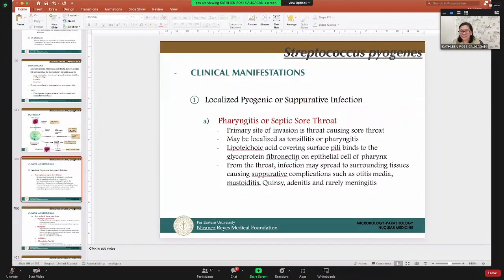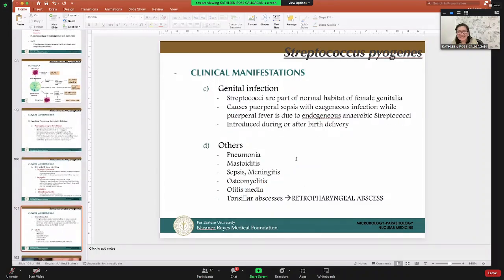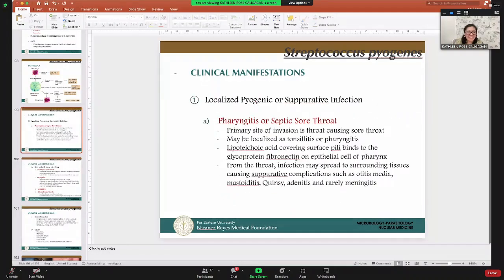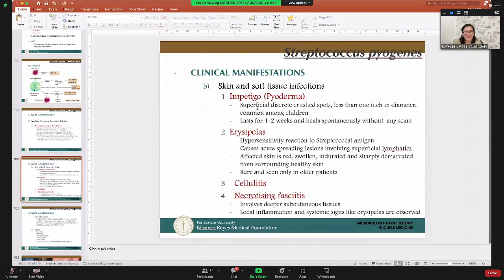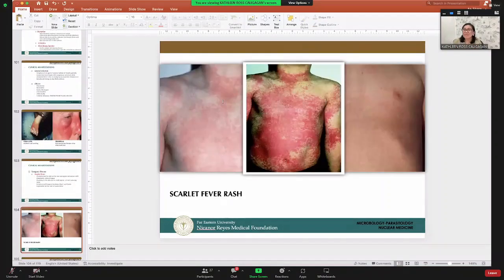Pharyngitis or septic throat or sore throat, impetigo, erysipelas, cellulitis, or necrotizing fasciitis, or genital infection. Skin, localized suppurative infection. I've classified it into three: localized, pyogenic or suppurative infection, toxigenic disease, and immunologic disease.